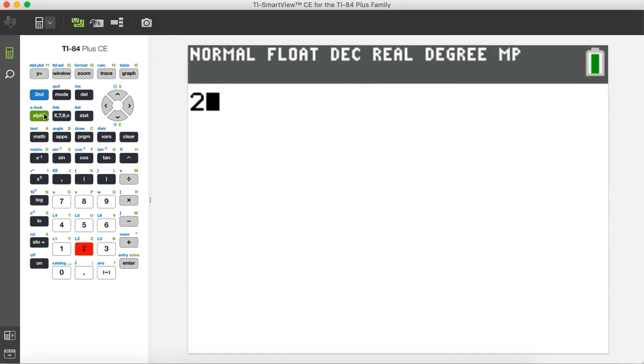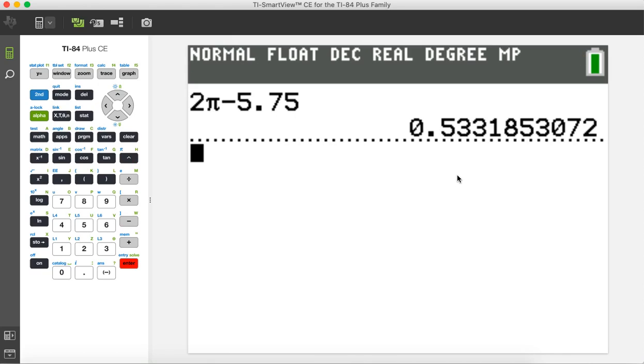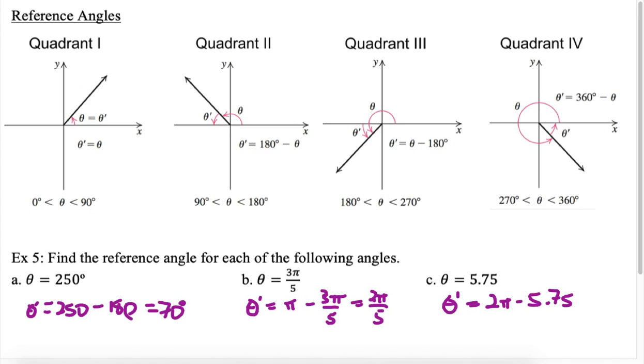So 2 pi minus 5.75 gets me, and since our original number was rounded to 2 decimal places, let's go to 2 decimal places, 0.53. So that's in terms of radians, 0.53 radians.